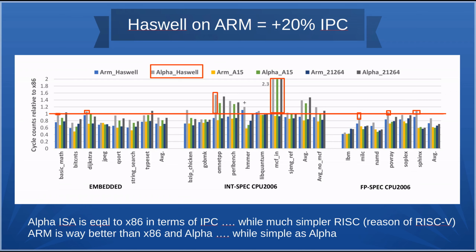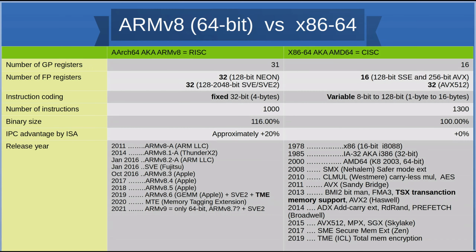Intel took all the patents, of course. So the Alpha instruction set was really high performance, and x86 is doing a really good job here. So don't just conclude that ARM is so much better. This is the only conclusion here.